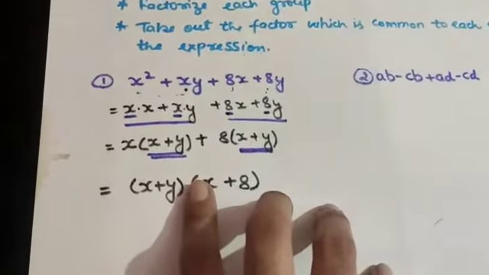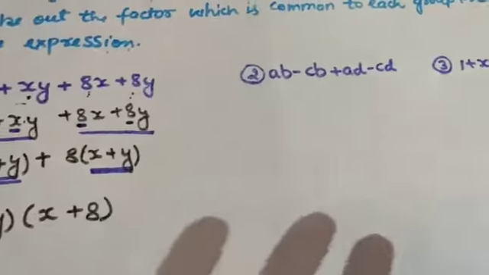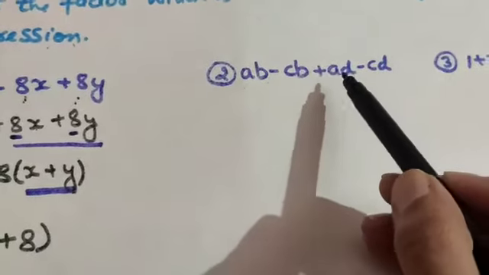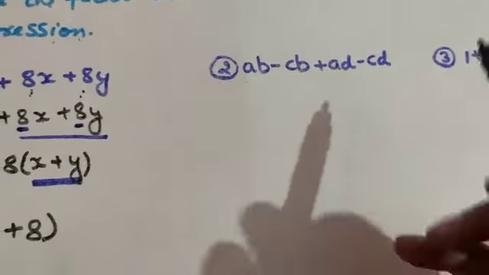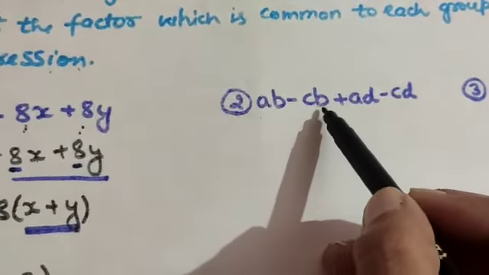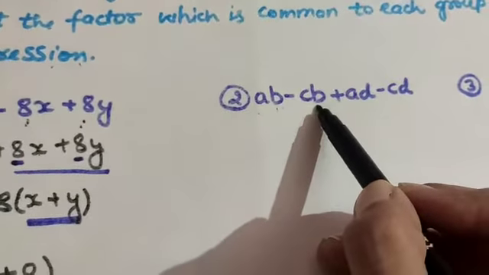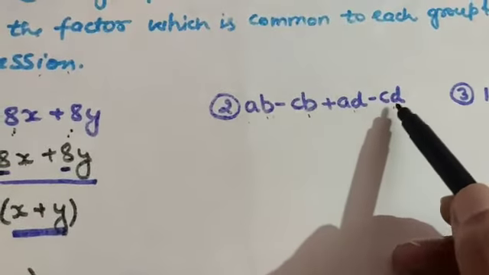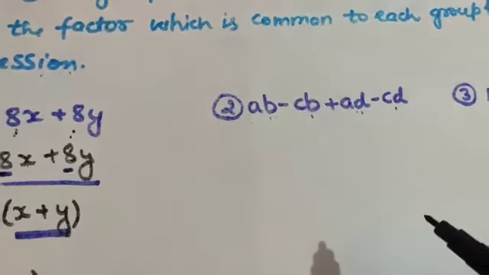Now we will look at the second example. The expression is AB minus CB plus AD minus CD. Now look at the first and second terms. Is there any common factor? Yes, B is common. Look at the third and fourth terms. Is there any common factor? Yes, D is common.